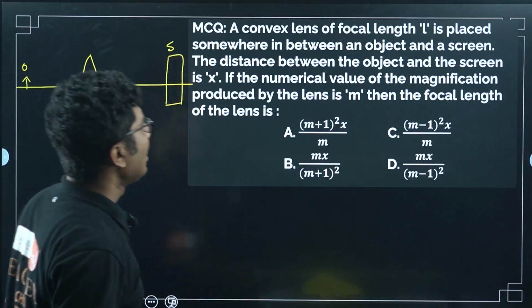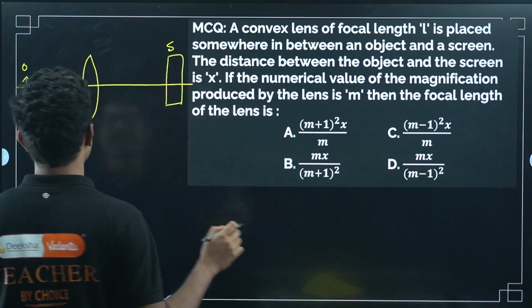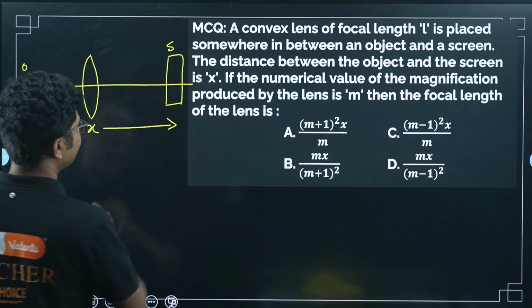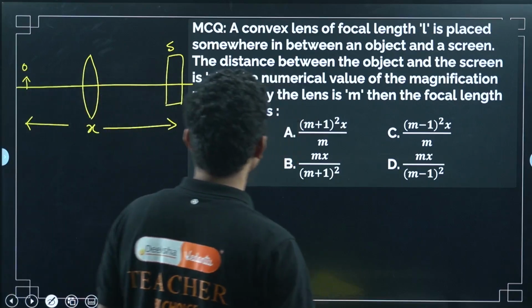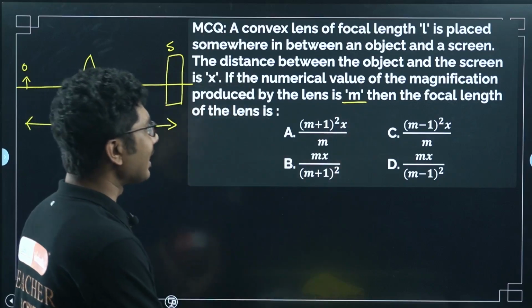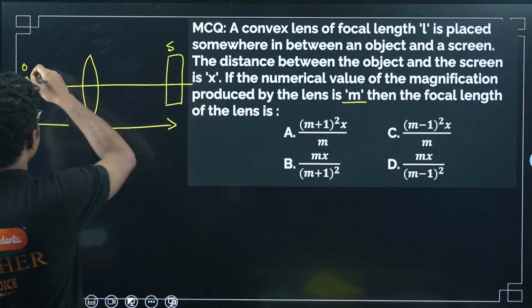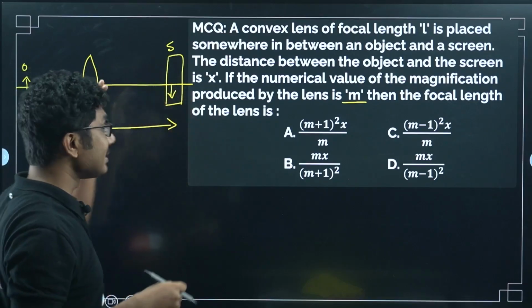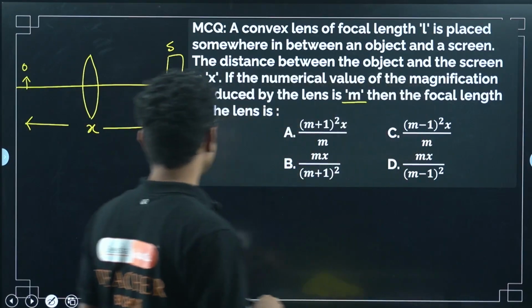The distance between the object and the screen is x. If the numerical value of the magnification produced by the lens is m, then the focal length of the lens is. Now if this is the object, this is the screen, some image is formed, right? Lens is placed in between the objects, right?